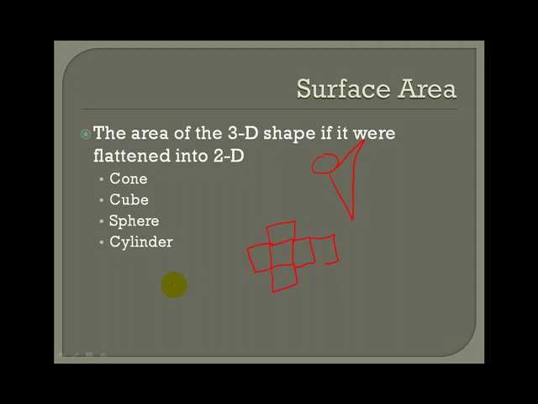A sphere, a cylinder would be more like this. Not very good 3-dimensional shapes, but if you can imagine unrolling a Coke can, that's what it would look like.